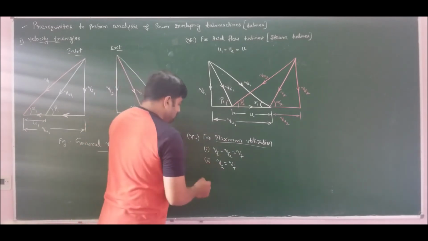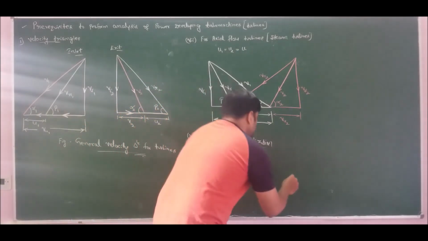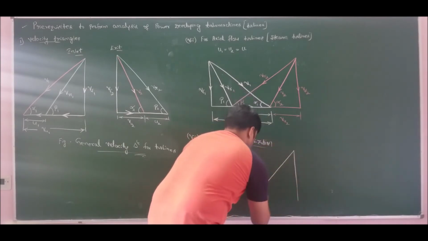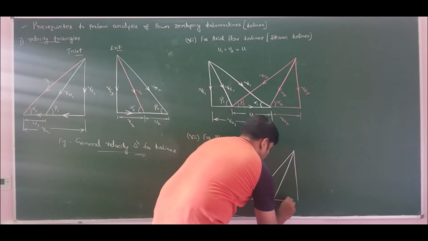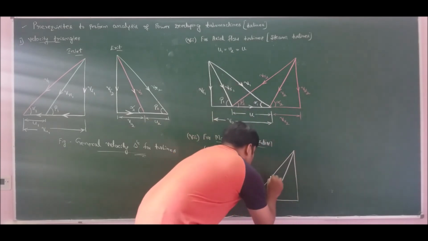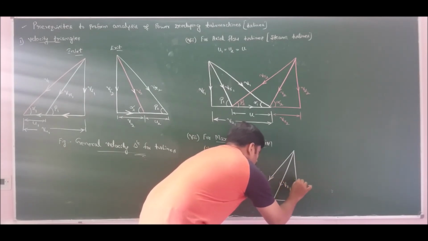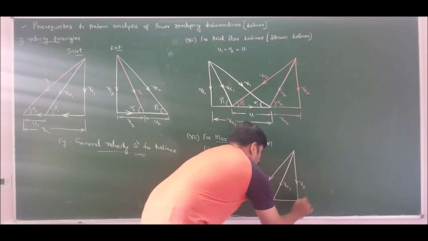If I impose these two conditions, the inlet velocity triangle is unaltered. So I will draw the inlet velocity triangle, which is unaltered. Draw the base. We have V1, VR1 and Vf.